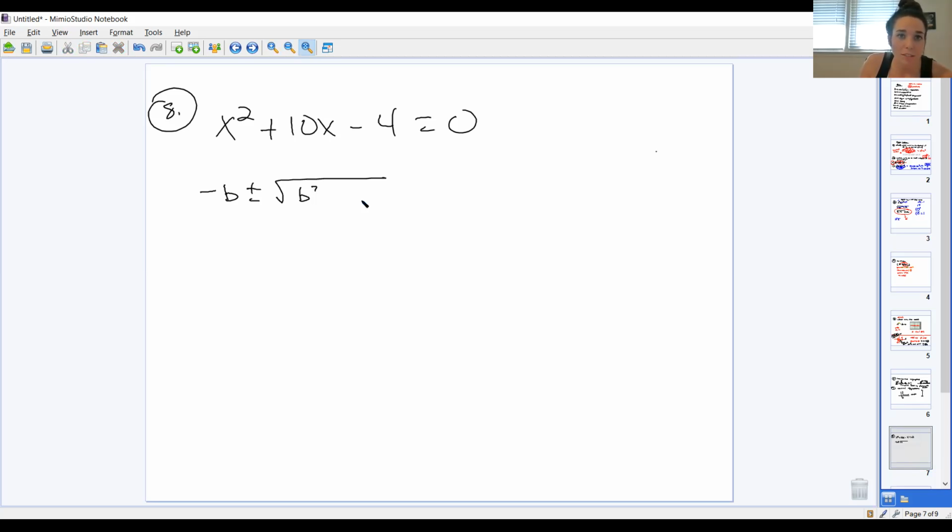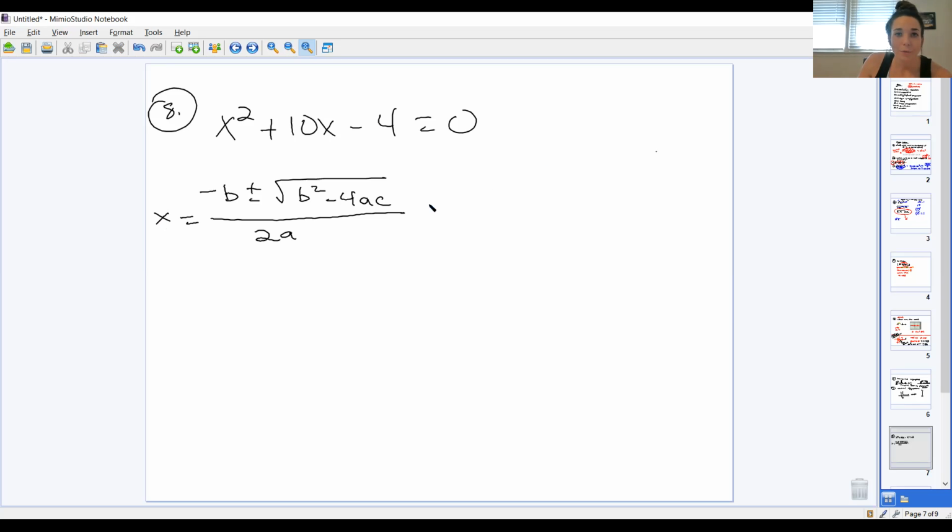I would suggest having this written down on your paper, because it's going to be the easiest way to do it. This is the quadratic formula. I can't factor this one, so I'm going to have to use the quadratic formula. If it asks for the solution to a quadratic equation, this is what you're going to do. This is one of the questions that is on the final exam, not this particular one, but this type of question. The numbers are just a little different.